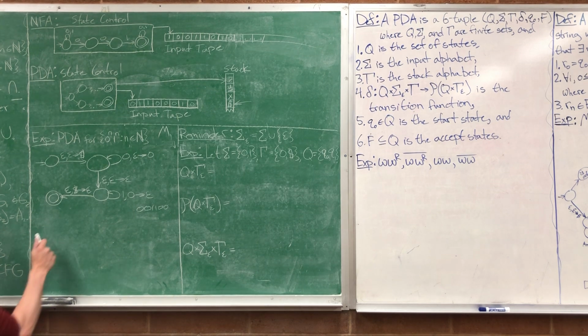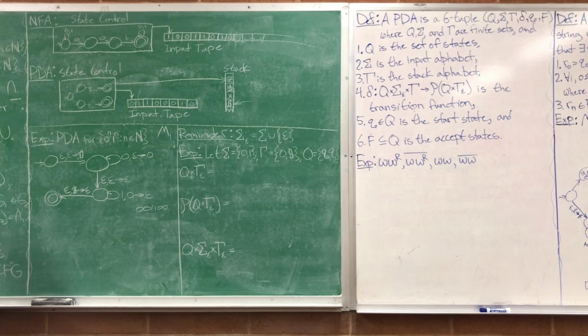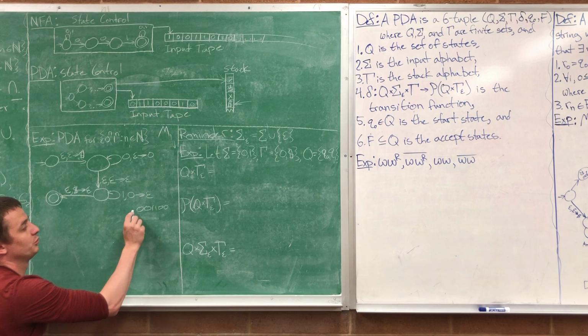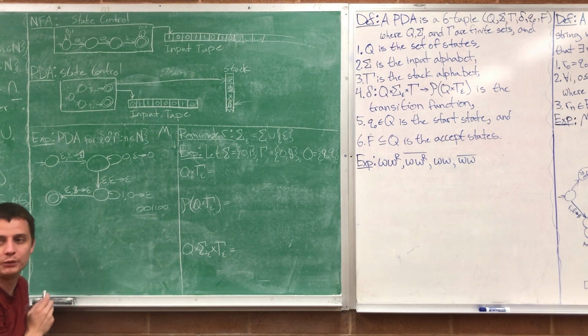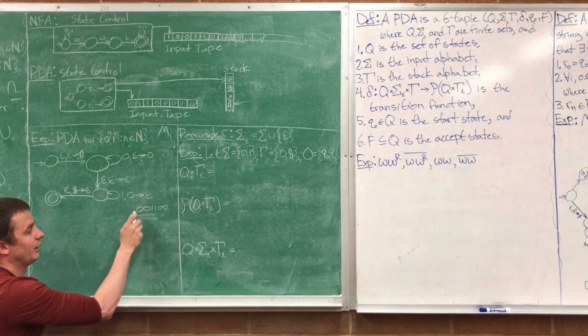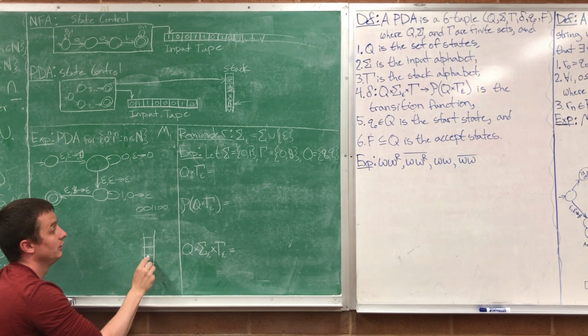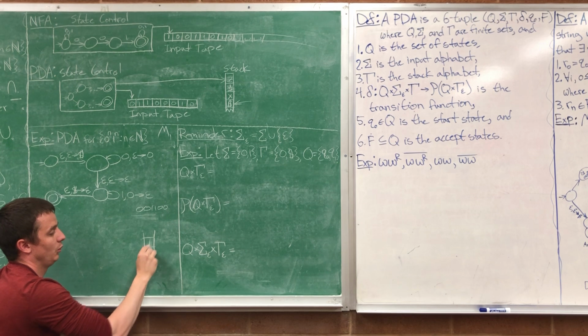Alright, so what should our strategy be? You're basically going to keep track of everything that you've seen in the stack, and then as you go back down the stack, popping them off. As we read the first half of our string, we're going to push it onto the stack. So as I read 0, 0, 1, I'm going to put that on my stack, so my stack will be $, 0, 0, 1.